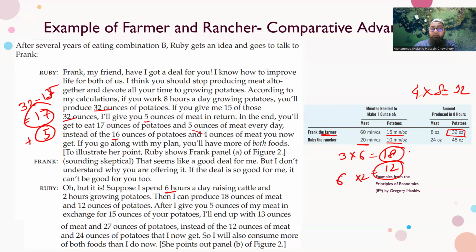And if she gives 5 ounces of meat to the farmer, she will still have 13. And if she gets 15 ounces of potatoes, 15 plus 12, she will have 27.